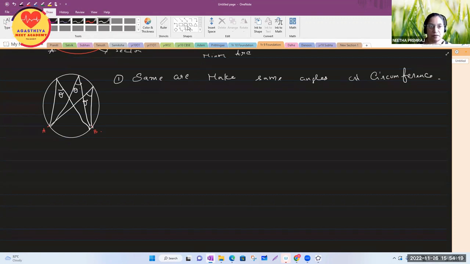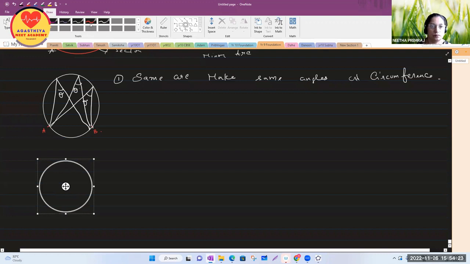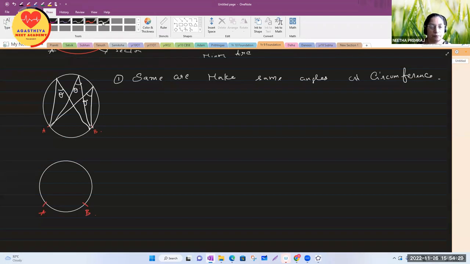The next concept is, AB is an arc, and the angle at the center will be double the angle the same arc makes at the circumference. If this is theta, then this is 2 theta.